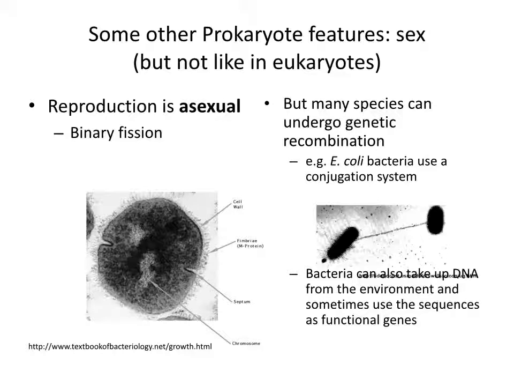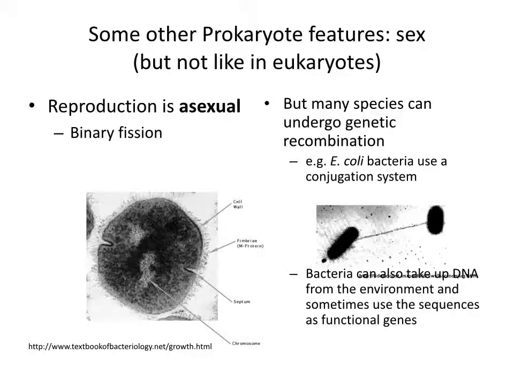Through that little bridge, copies of the F plasmid are going to be passed from the cell that has the F plasmid to the cell that was previously lacking it, making it now an F positive cell. So F positive cells go around and convert F negative cells to F positive cells.